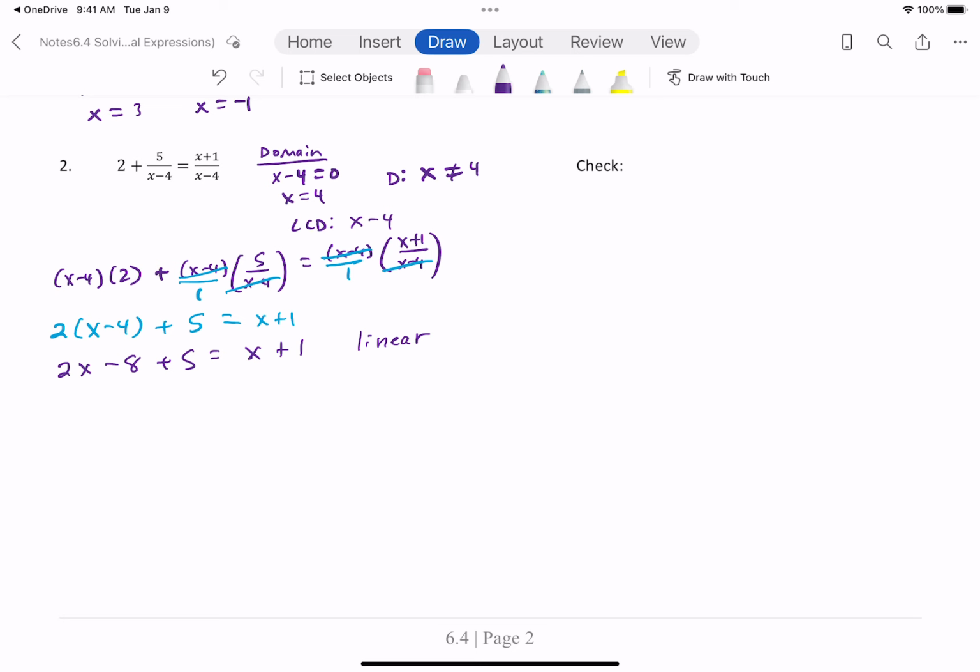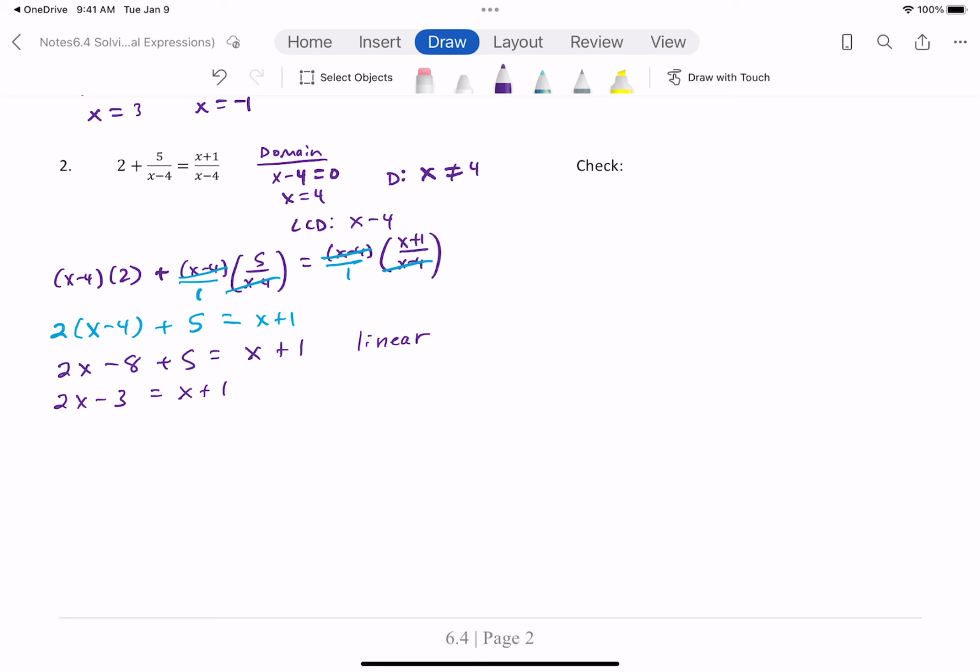We need to get all of our variable terms on one side and all of our constant terms on the other. So I can clean up the left-hand side a little bit first. I have like terms -8 plus 5. So I'm going to make that 2x minus 3 equals the x plus 1.